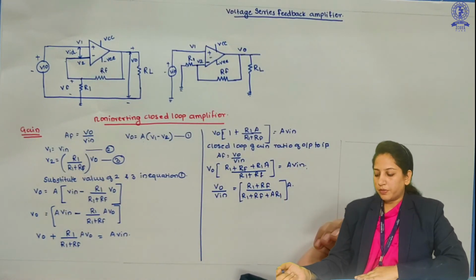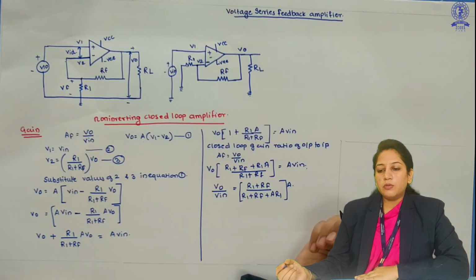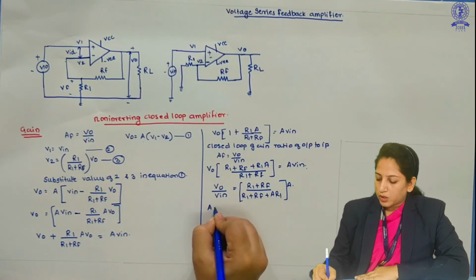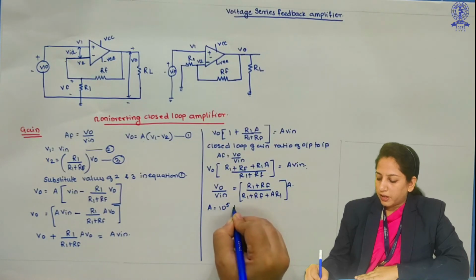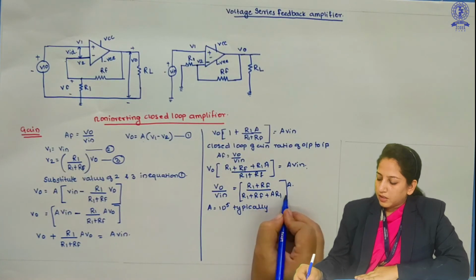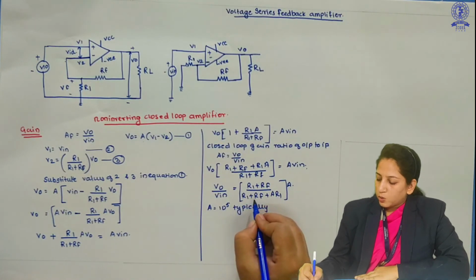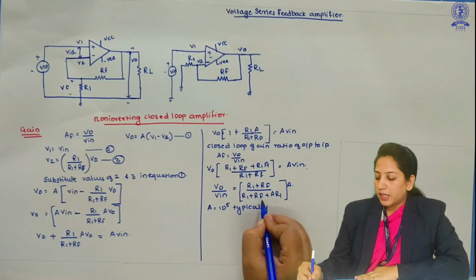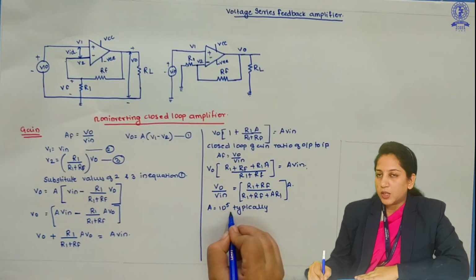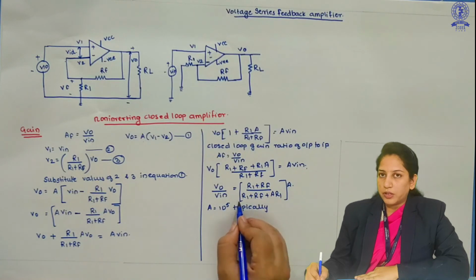Okay. Now we know that gain is very high. Gain is approximately 10 raised to 5 typically. So if we consider this denominator term, R1 and RF are very much less compared to A R1, because as I have told, gain is very high compared to these two resistances.